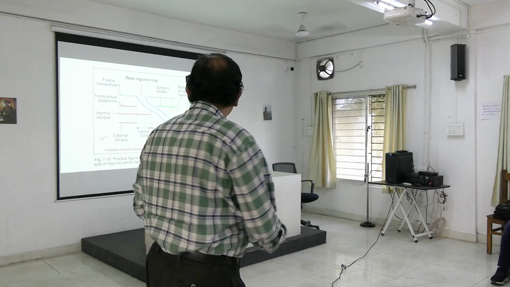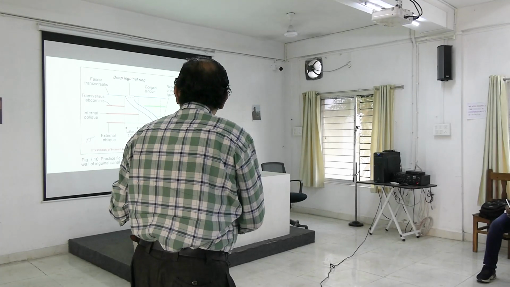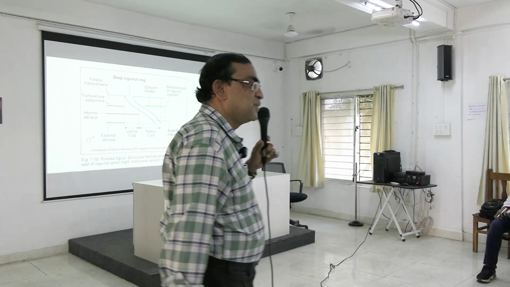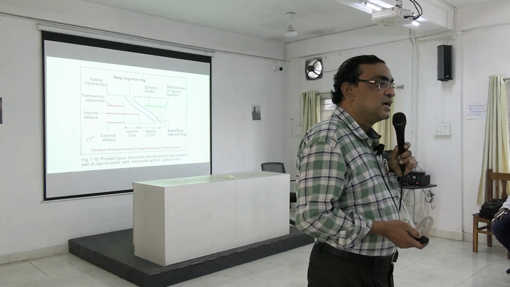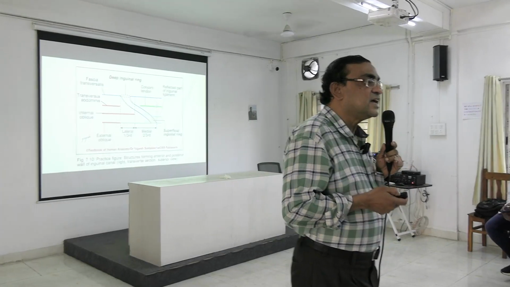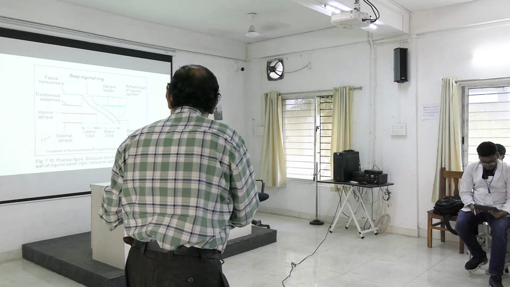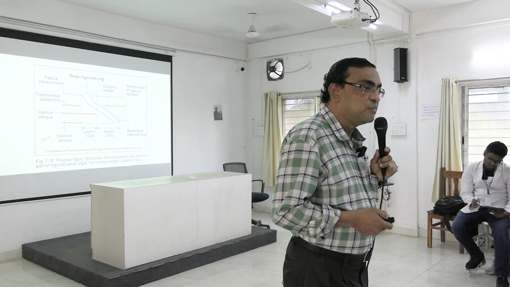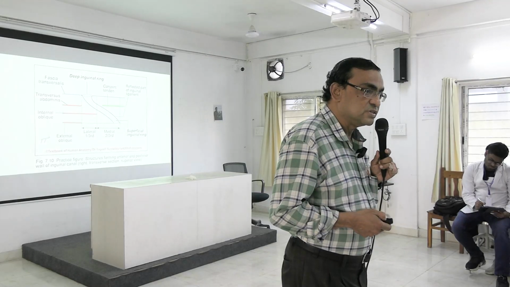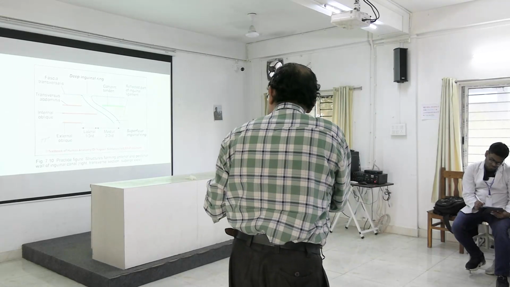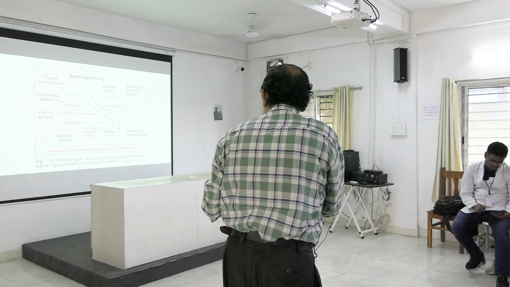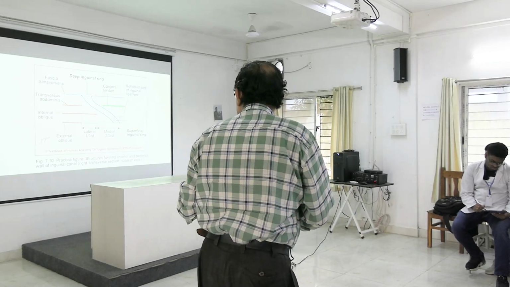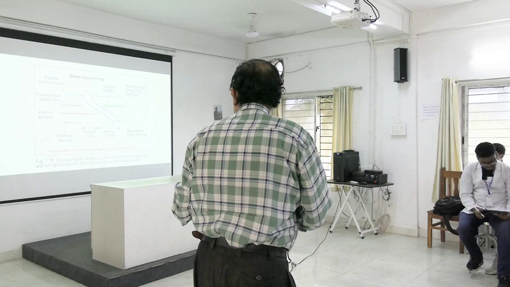Actually the main contribution is by the fascia transversalis. It is said that the anterior wall is contributed mainly by the external oblique aponeurosis, but on the lateral side it is also contributed by the internal oblique and transversus abdominis.